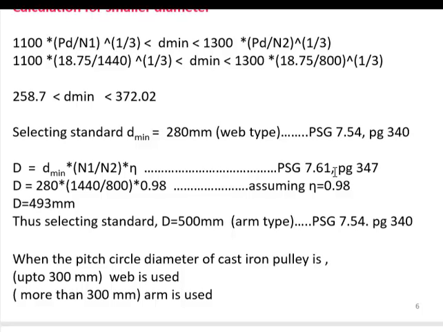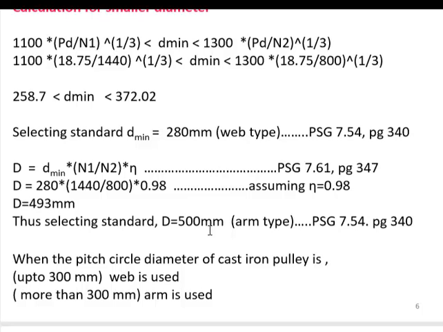Eta is something I would assume, and that is the efficiency of the power transmission, and I can say that it is 0.98. When I substitute the values, the value of D comes around 493 mm, and the standard dimension from page number 7.54 is D equal to 500 mm.